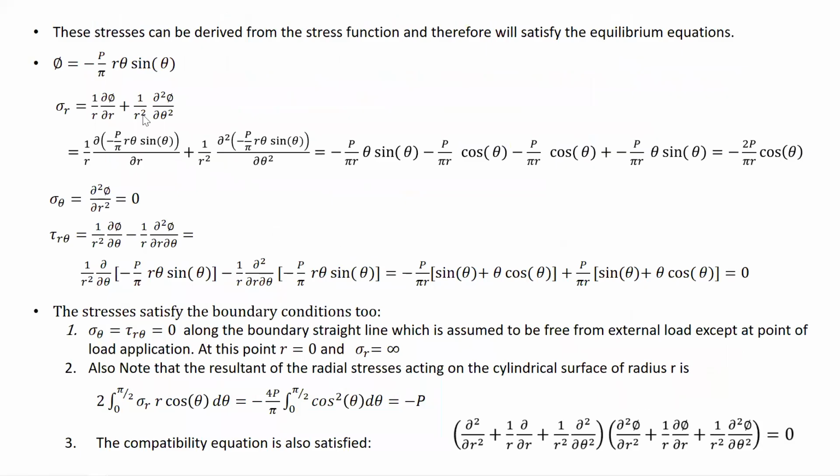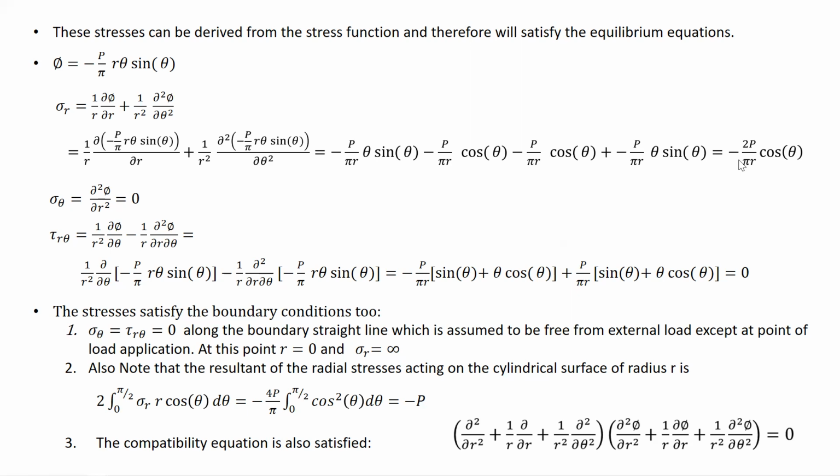But let us, as it is indicated in your textbook, define first the area function and notice the derivative of area function with respect to r divided by r plus 1 over r squared derivative of area function with respect to theta twice would give you sigma r. So work through that problem, get the derivative with respect to r and theta, simplify.